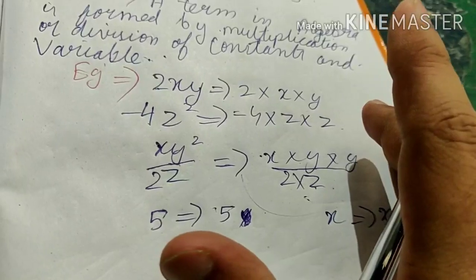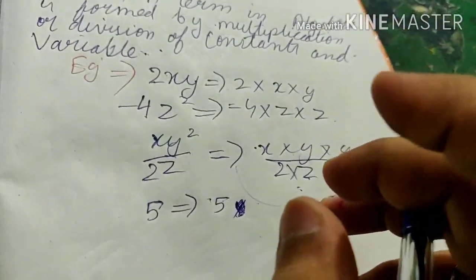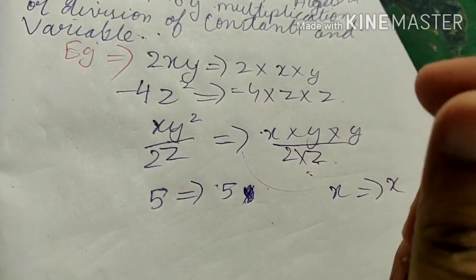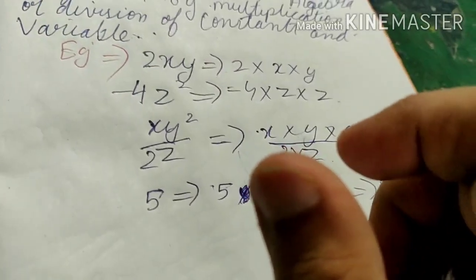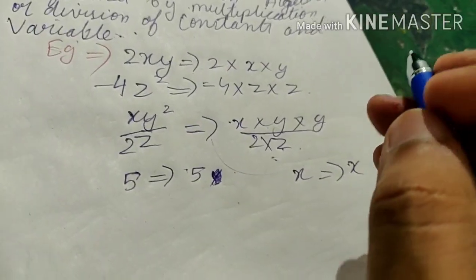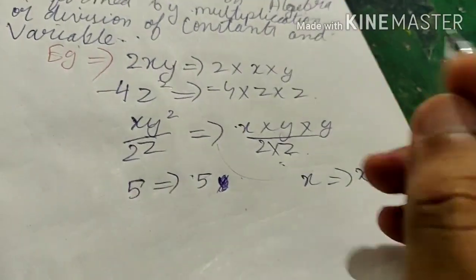A single variable or a single number constant can also be termed as that. It's not necessary that there are more variables and constants in multiplication and division. It's just that if they are present in multiplication or division, then these are called terms.